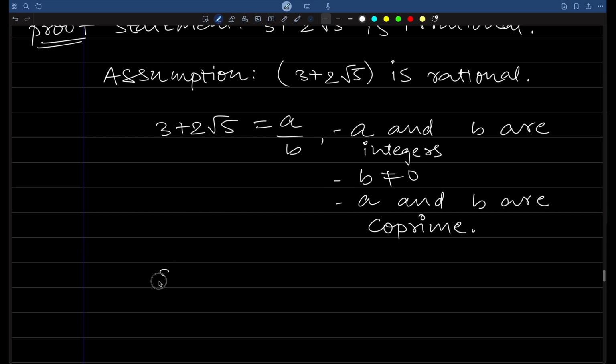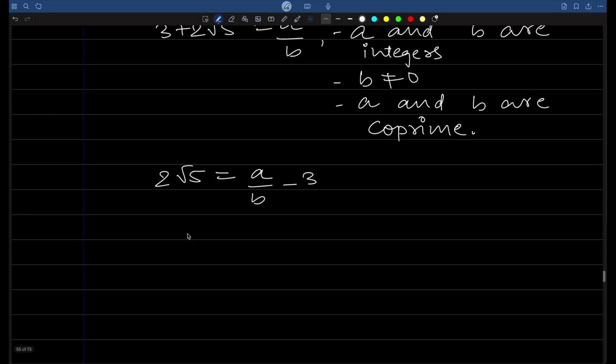That gives 2 root 5 equals a divided by b minus 3, so root 5 equals 1 divided by 2 times a divided by b minus 3.